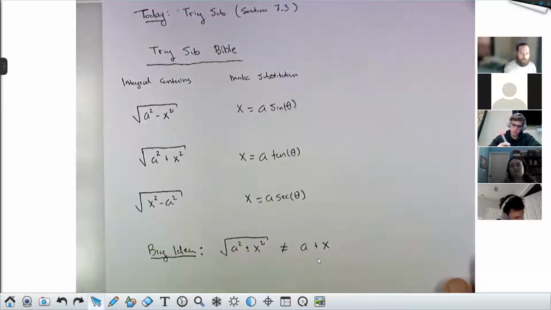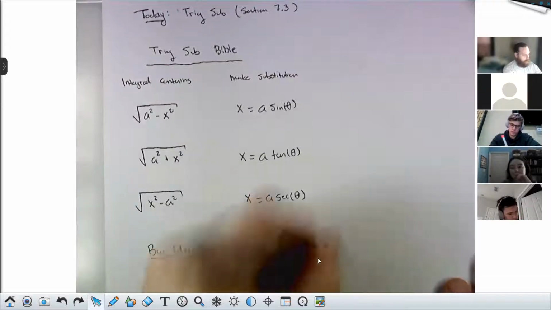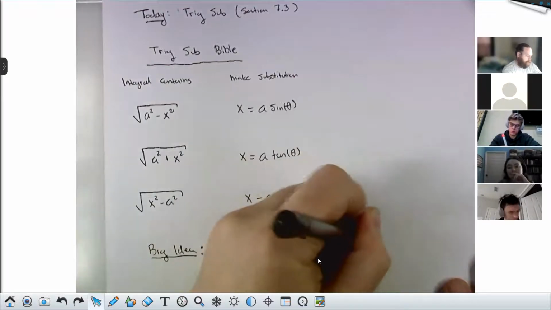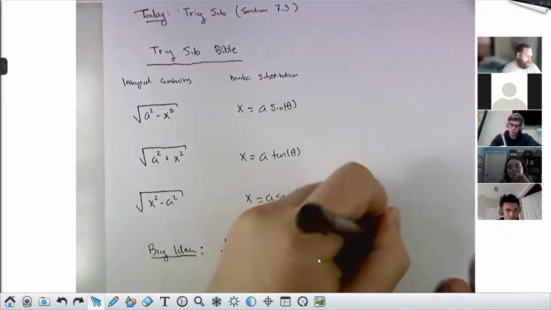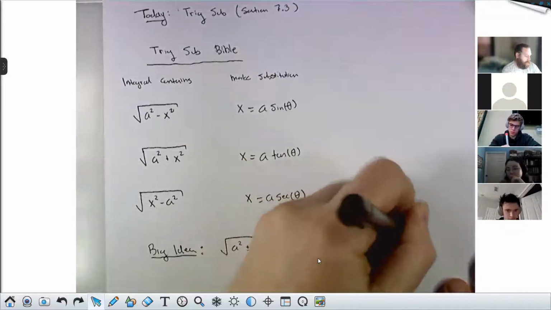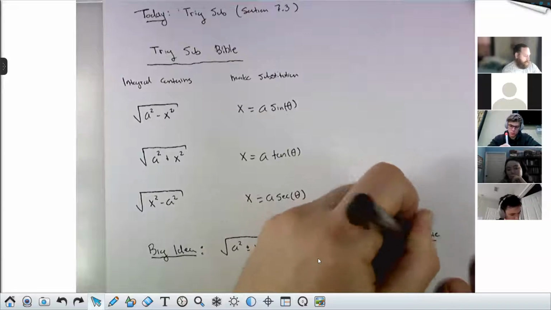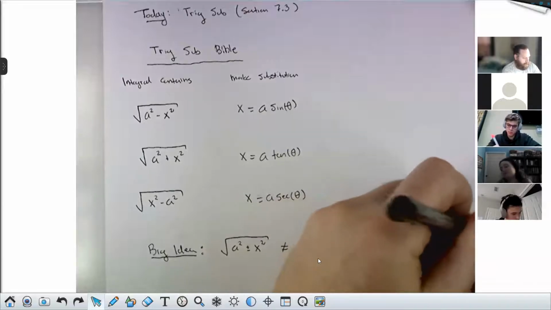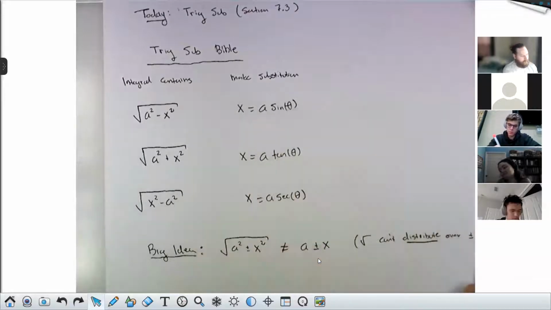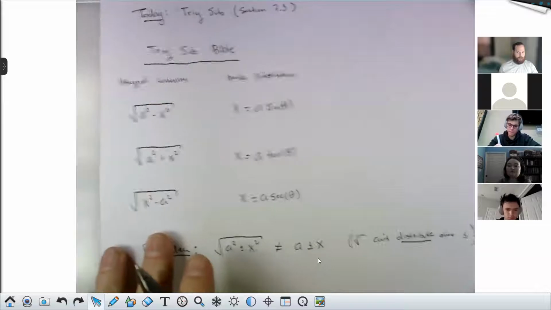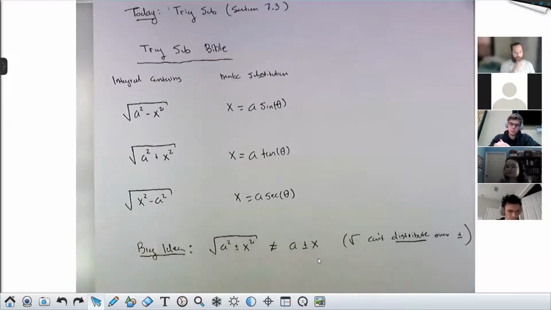Square roots do not split up over addition or subtraction.